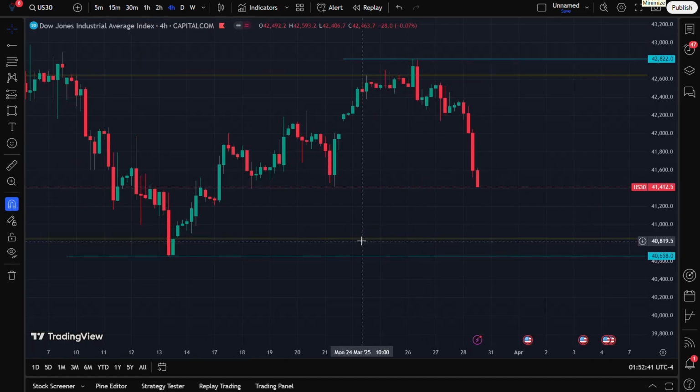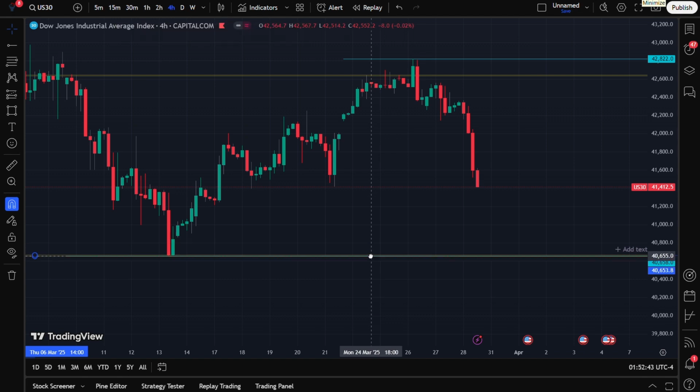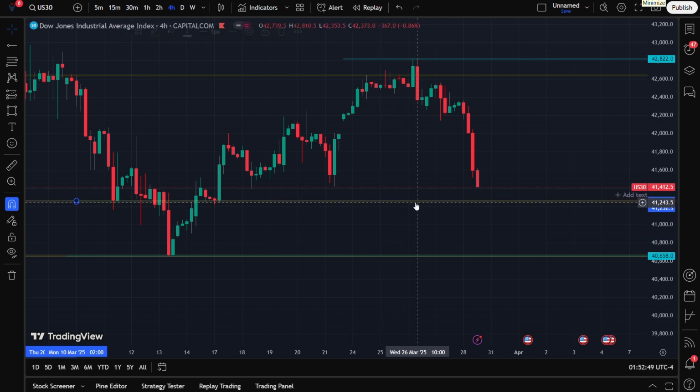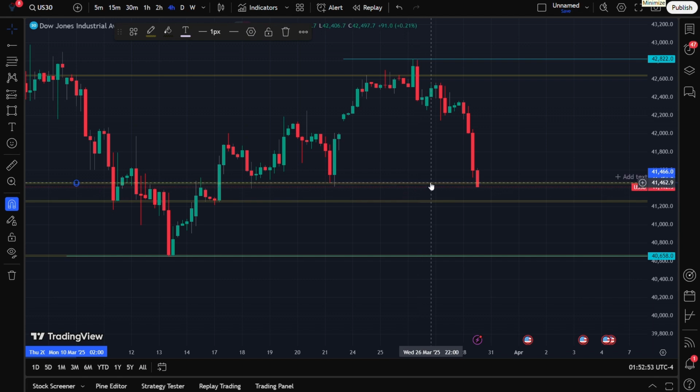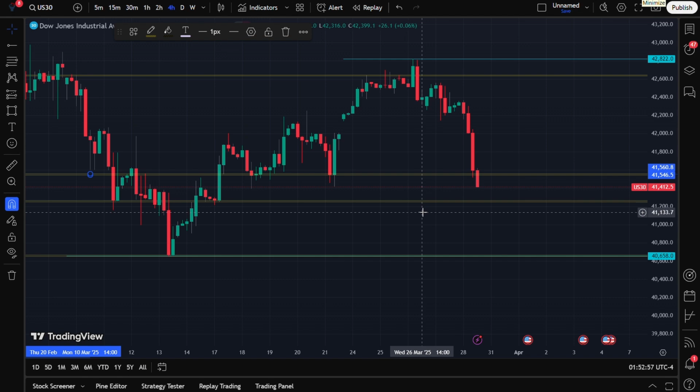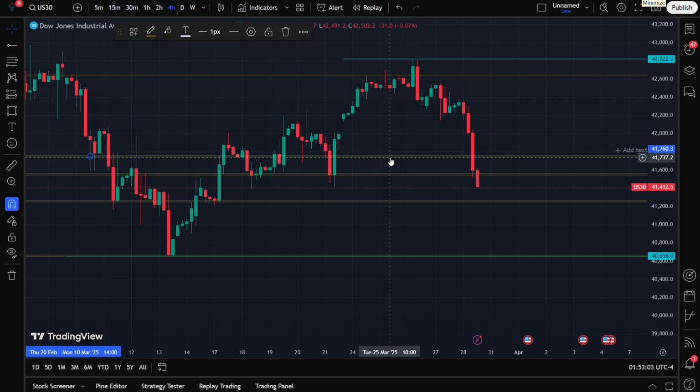Now moving on to the 4-hour time frame. On the 4-hour time frame, I'm going to adjust this to where we had a wick, and also I'm going to mark a new support zone, which is here, and I'm going to mark another support here at 41,557. Let's just mark one resistance right now.